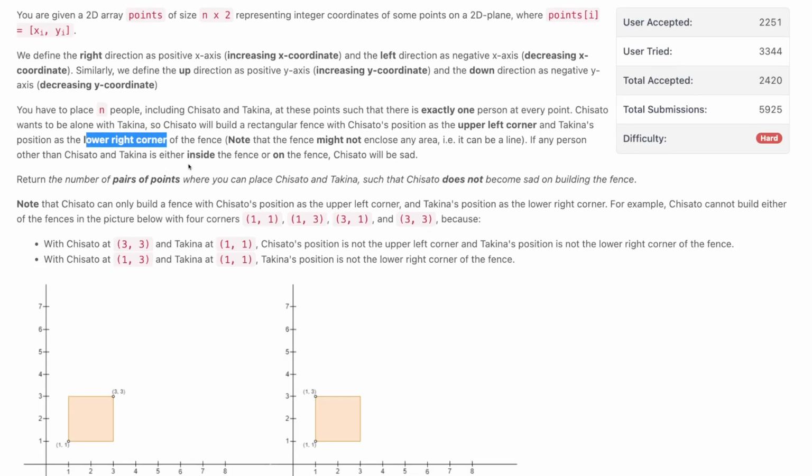So that rectangle will be a fence and Chisato doesn't want anyone else to be in the fence, right? Otherwise Chisato would be sad. You have to return the number of pairs of points where you can place these two guys, Chisato and Takina, such that Chisato doesn't become sad on building the fence.